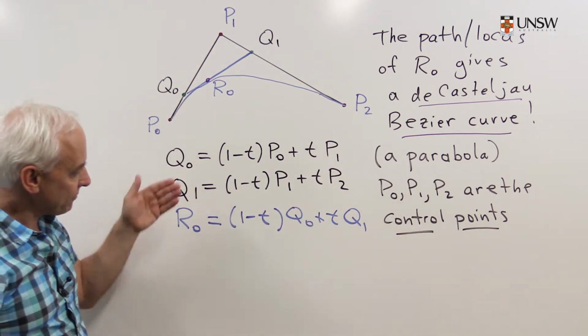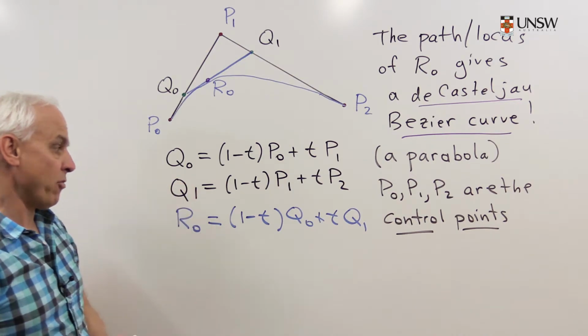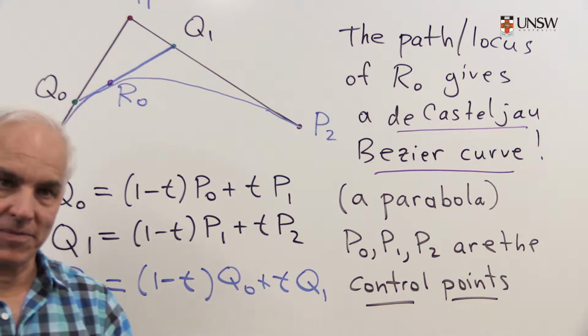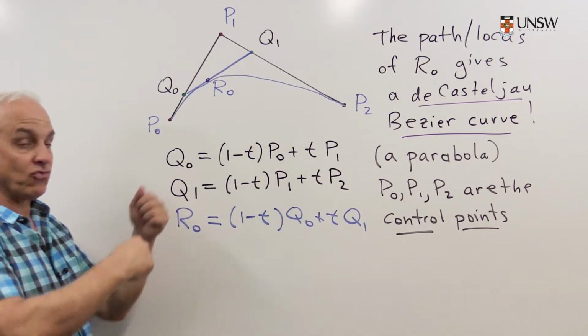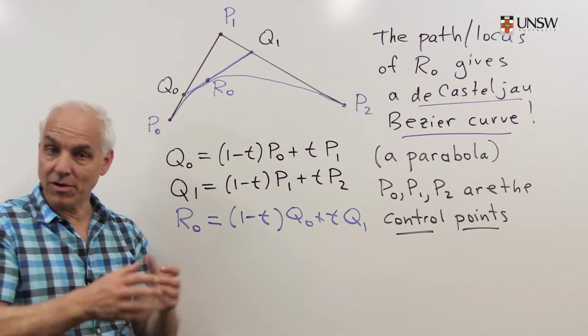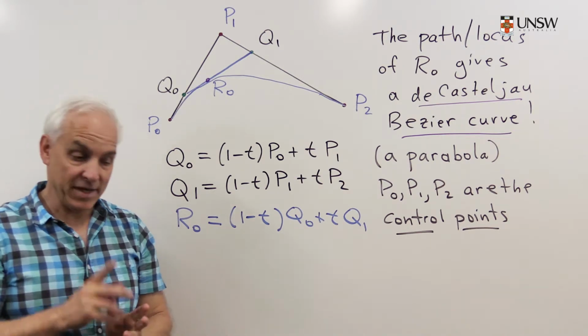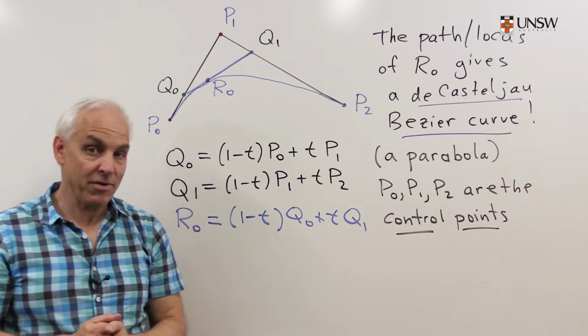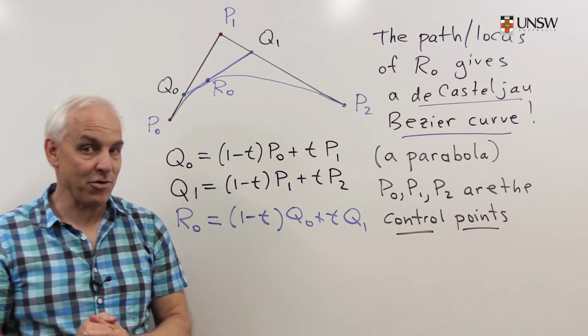So the actual formulas are very simple, very elegant, and kind of uniform, and this gives us a quadratic de Casteljau Bezier curve. And a very nice way of controlling the shape of a simple parabola. But things get more interesting when we go to the next degree up, to the cubic de Casteljau Bezier curves.